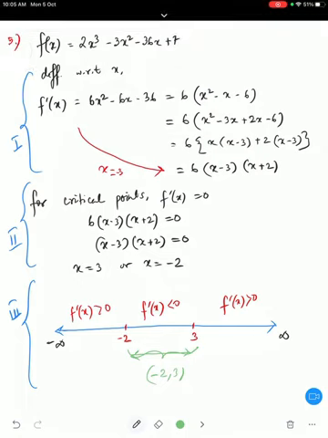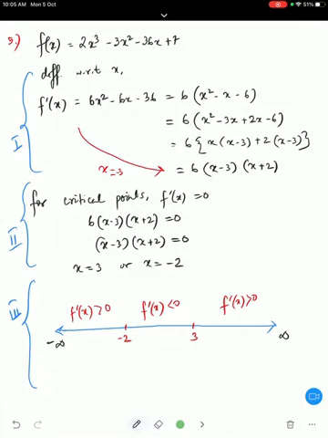Now I have a next question. In which interval is the function increasing? Now this one is a tough question. Let's see who can get it correct. I am asking the interval. Very good.